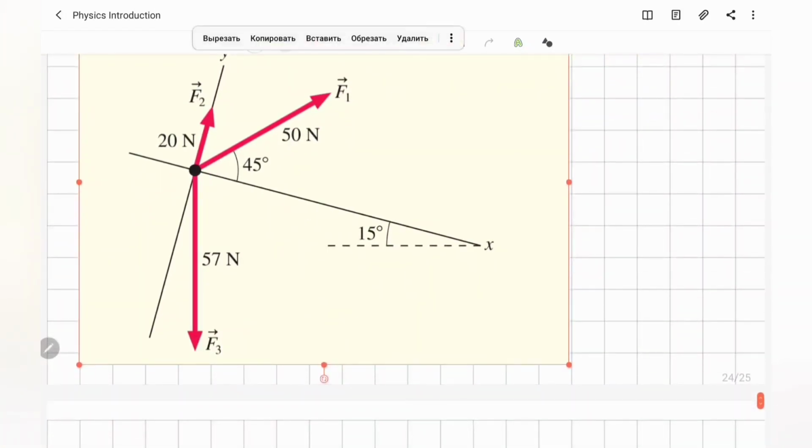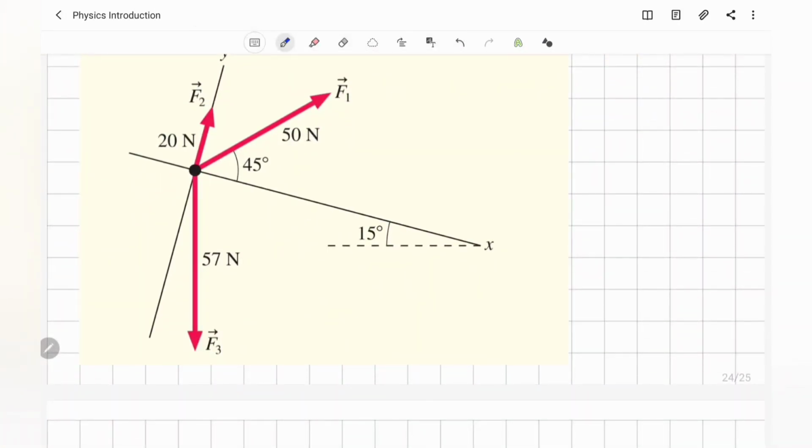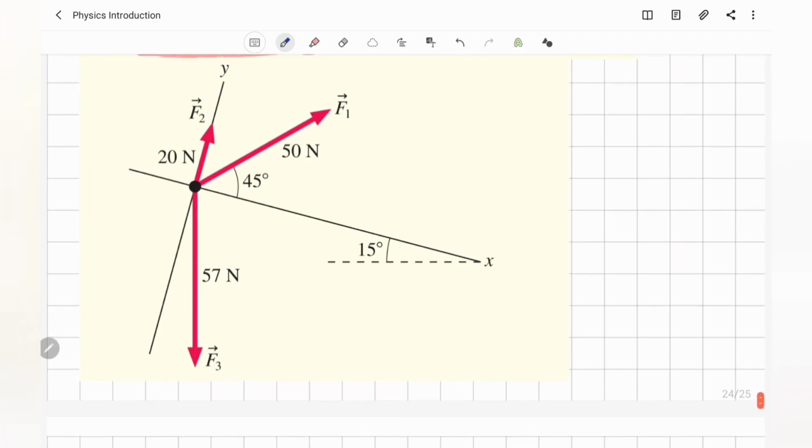If we pay attention, the x and y axes are not exactly horizontal and vertical as we used to see. Is it okay? Yes, it's absolutely okay, as long as the angle between the x and y axes is 90 degrees. No problem.